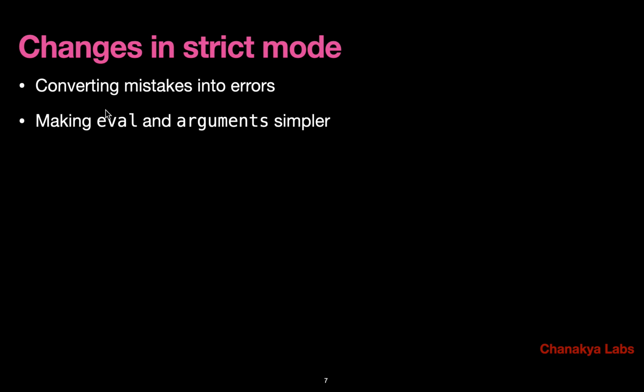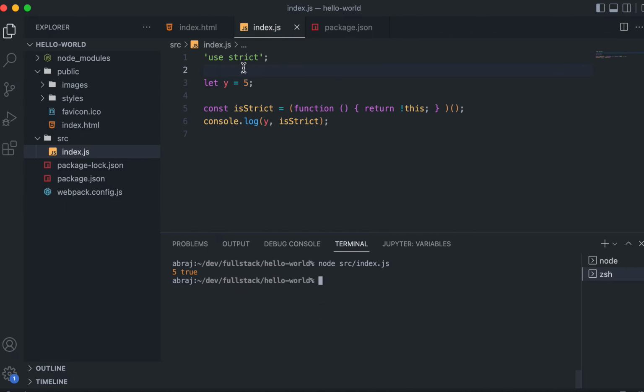We get errors for inadvertent mistakes, when you didn't want to do something but by mistake you are doing it. Those silent things would not give you an error otherwise. It would silently run in non-strict mode, and you would not even know about those errors, like for example this also, right? This thing, if there was no strict mode, would have silently gone through.